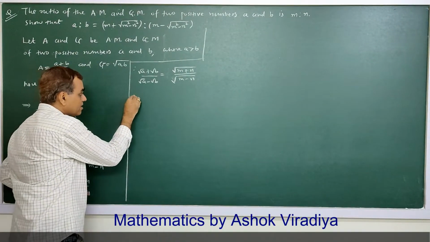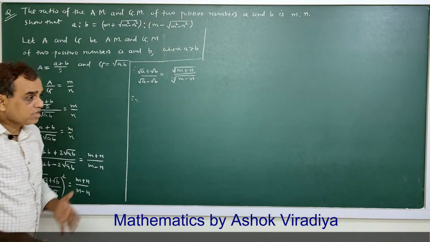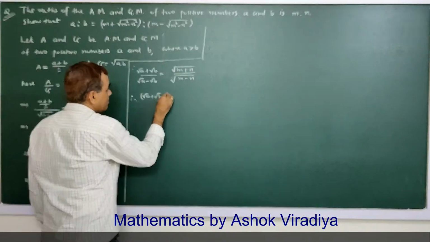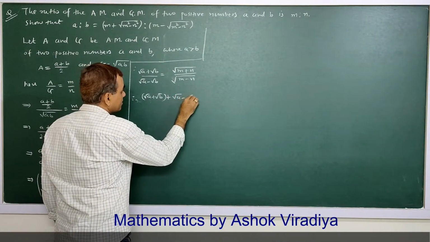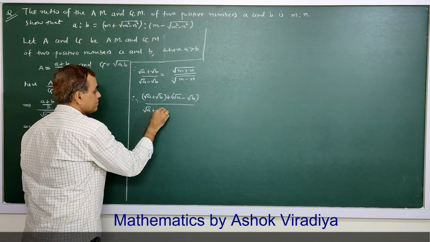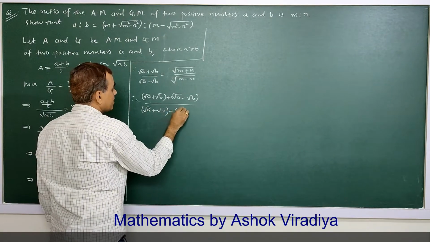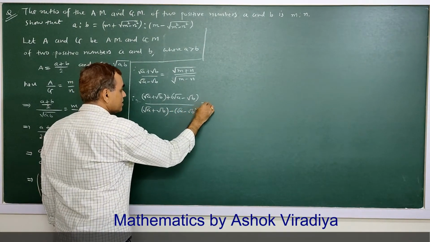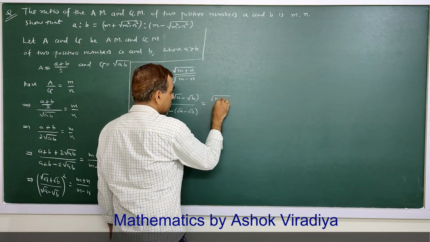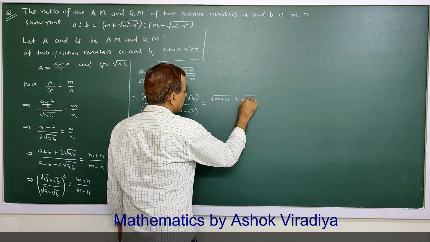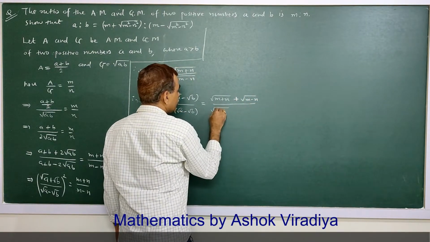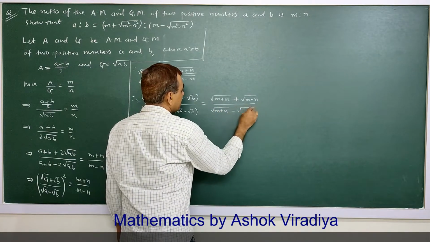So once again, using the componendo dividendo rule, numerator plus denominator upon numerator minus denominator. Same procedure on the right hand side, numerator plus denominator upon numerator minus denominator.